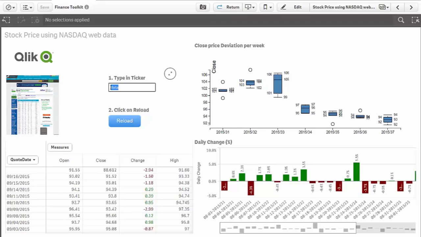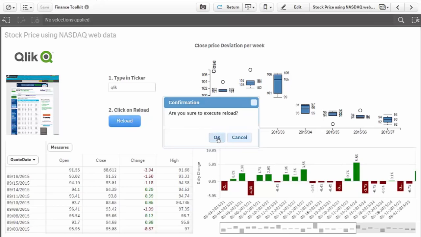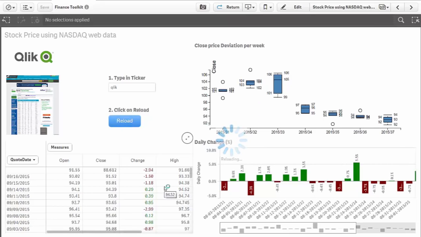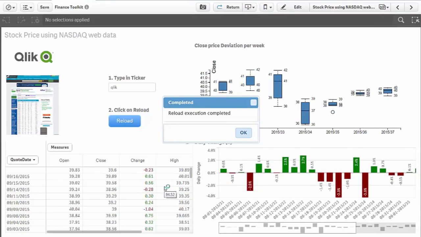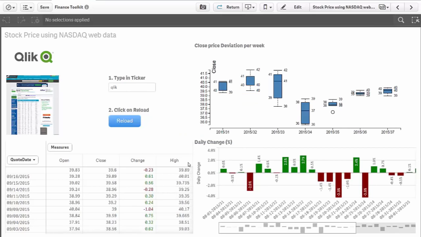I can go in here and capture Click, hit the reload button, and what's happening now is it is going out to the NASDAQ website. It's capturing the table, and it took a little bit longer than normal because I'm actually reloading a couple other data sets into the same application.